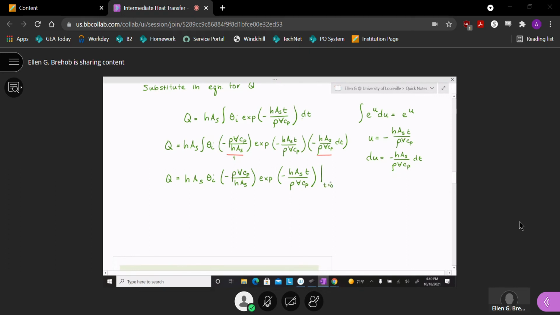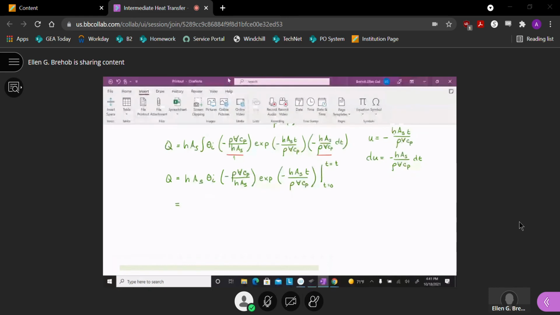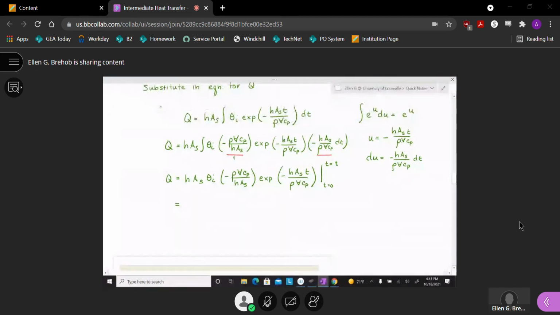So t is equal to 0 to t is equal to some final time. All right, we can do a little bit of simplification, right?